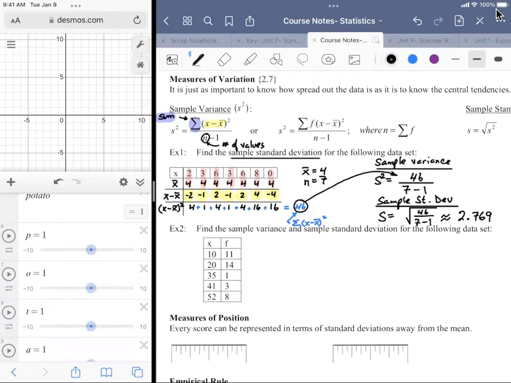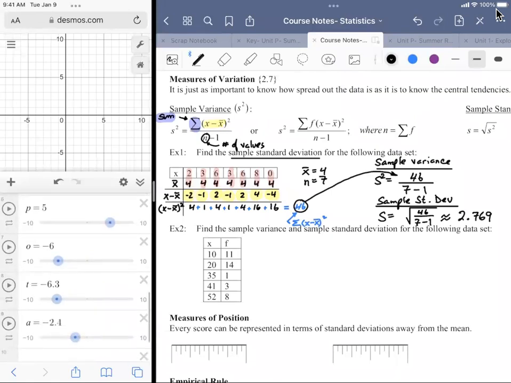Like in an algebra class, if you write X next to a Y, it's implied to be X times Y. This is being treated as P times O times T times A times T times O. All right. And then this allows us to determine what the product would be for certain values of P, O, T, and A.